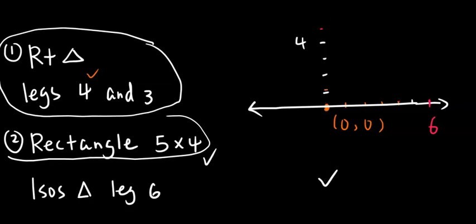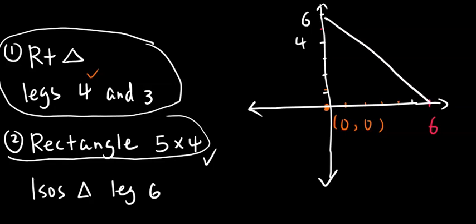It's wiggling, but that's okay. We can connect it. Alright, that is an isosceles triangle with legs 6 and 6.